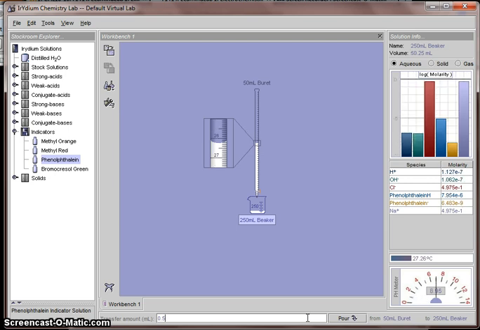That means we have 50.25 ml total, of which 25 ml is HCl and 25 ml is NaOH. Both of them are 1 molar solutions, correct? Yeah.